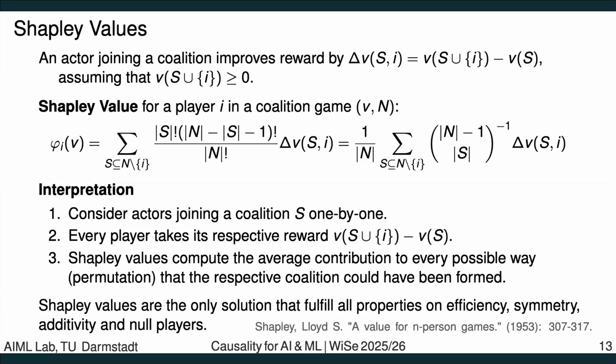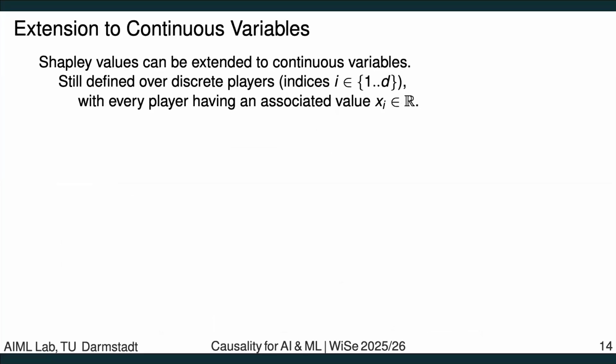Yeah, and then it has been shown that these Shapley values, if you compute them like that, are the only solution to these properties of efficiency, symmetry, additivity, and null players. As I said, I just want to show you that all of these things exist.